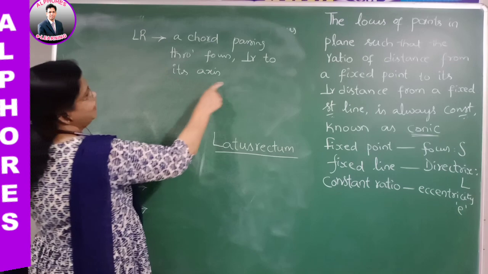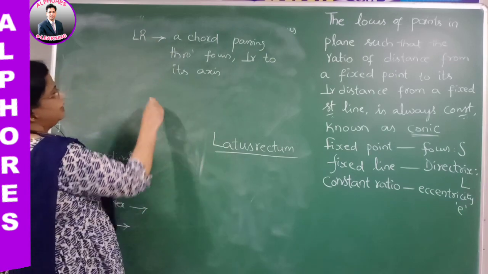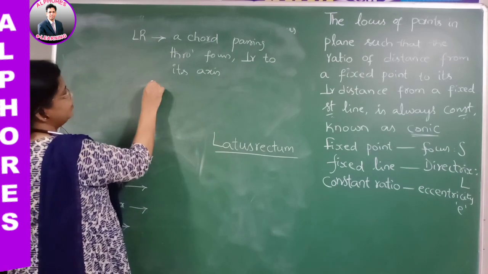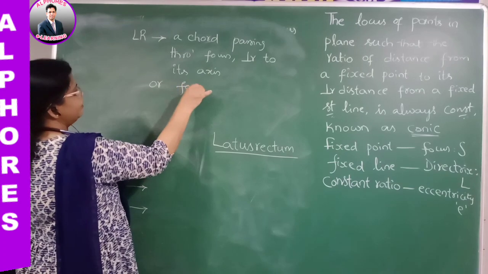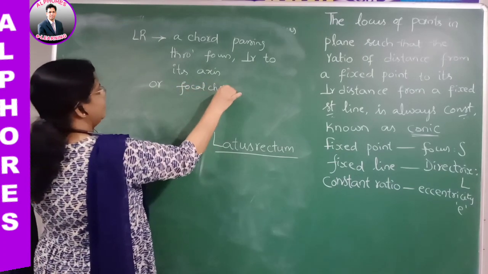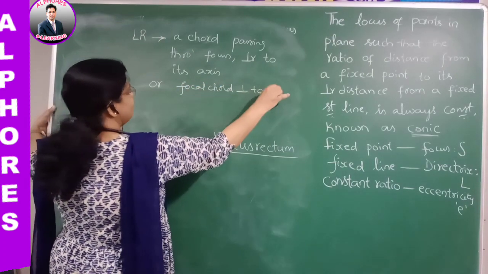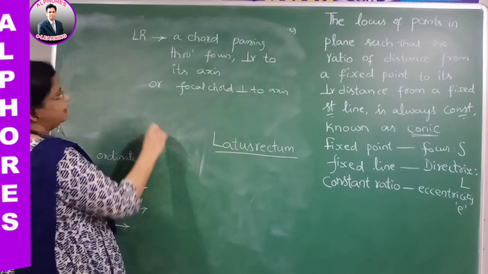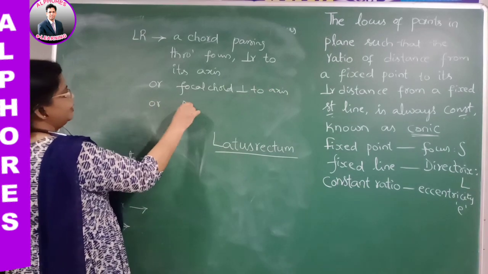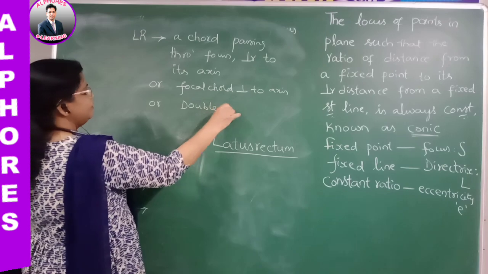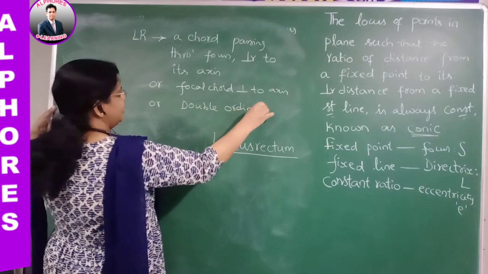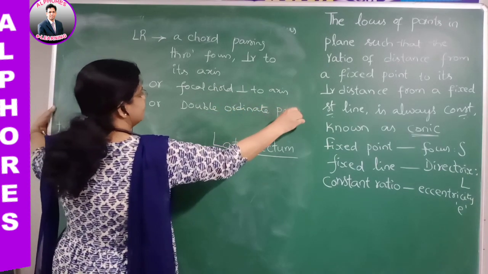So as a whole, we have confirmed this. The other definition is a focal chord which is perpendicular to the axis of the conic, and the other is a double ordinate passing through the focus.